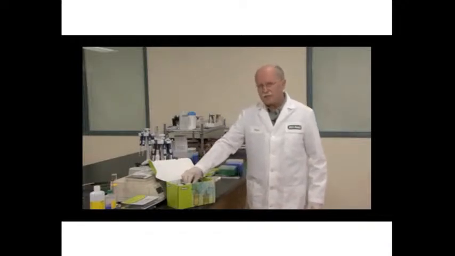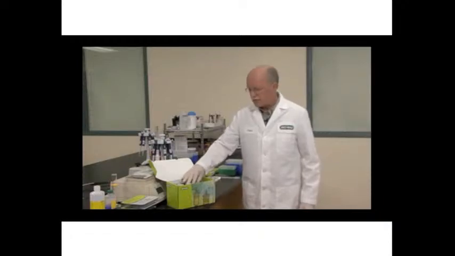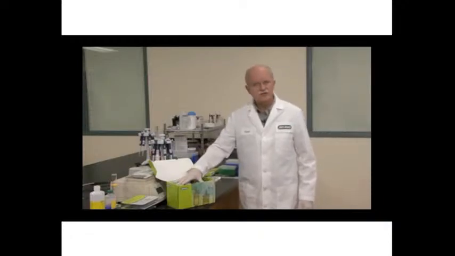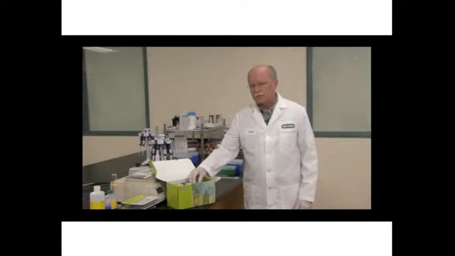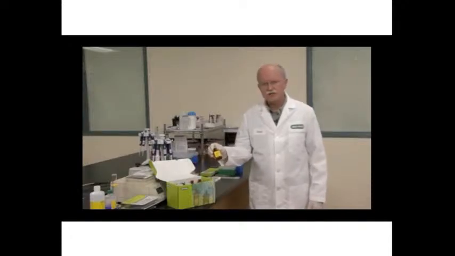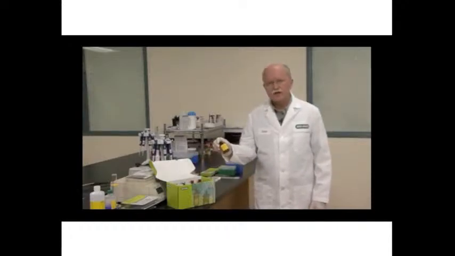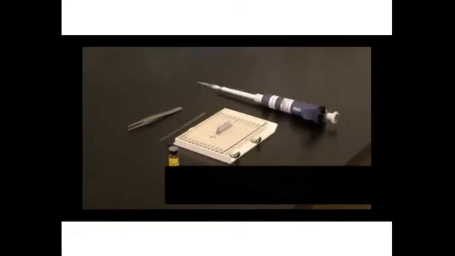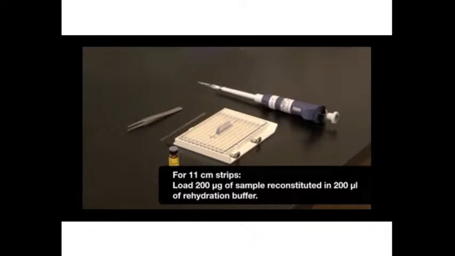The first step is to prepare the sample and the reagents according to the instructions in the manual. The components of the rehydration buffer are urea, chaps, DTT, ampholyte, and bromophenol blue. I will be loading 200 micrograms of E. coli sample that has been reconstituted in rehydration buffer onto an 11 centimeter pH 4 to 7 Ipg strip.